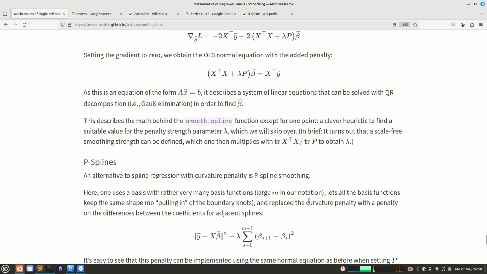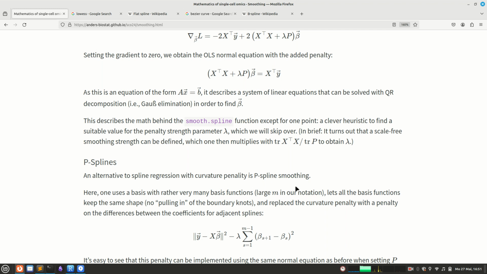So, one issue with spline regression, this way of doing it is probably the more popular one, but it has an issue if your X is very inhomogeneous. You either have to move your knots around, such that between any two knots there are about the same number of data points.